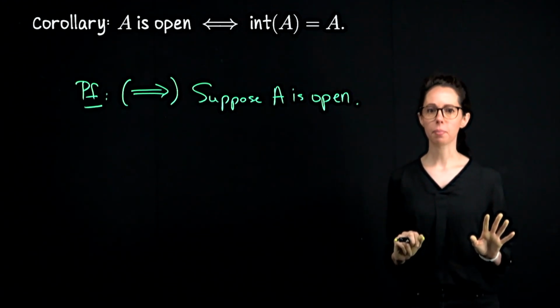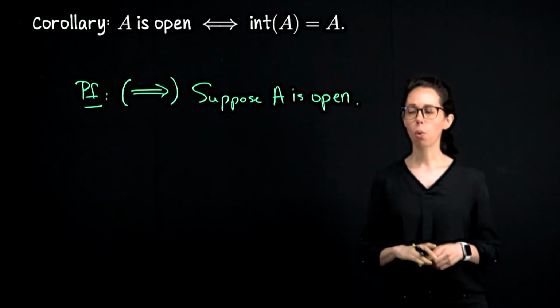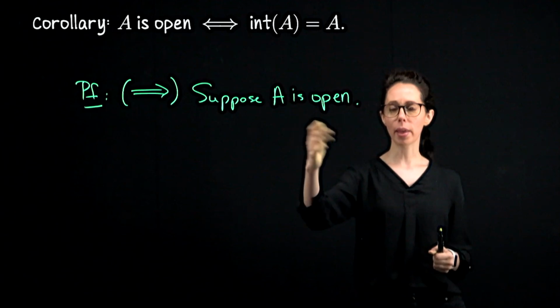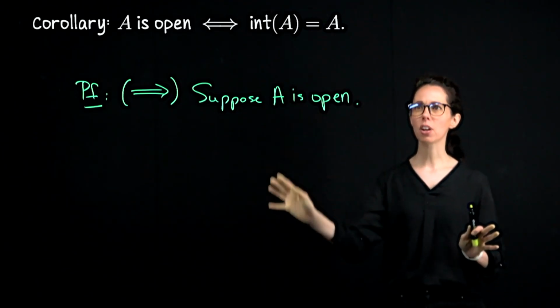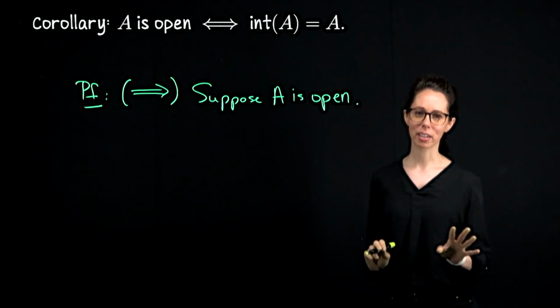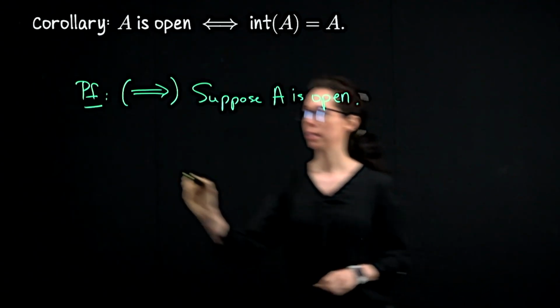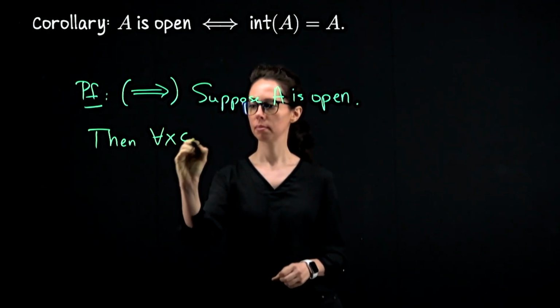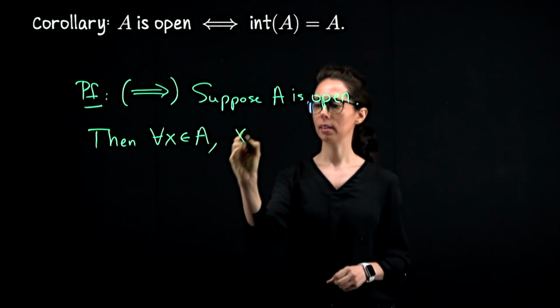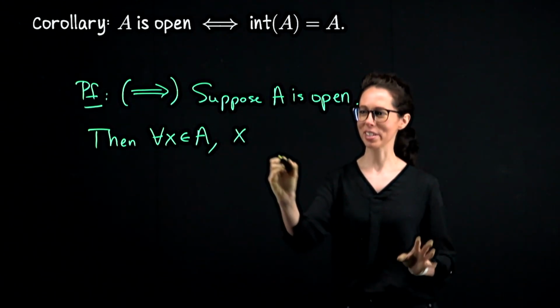Two ways jump out at me to proceed. One is to realize that if A is open, then it belongs to that union B that we were just looking at. However, I've erased all that notation, so I'm going to take option 2 here. Then for any X in A, I'm going to write this for like the third time this lecture.